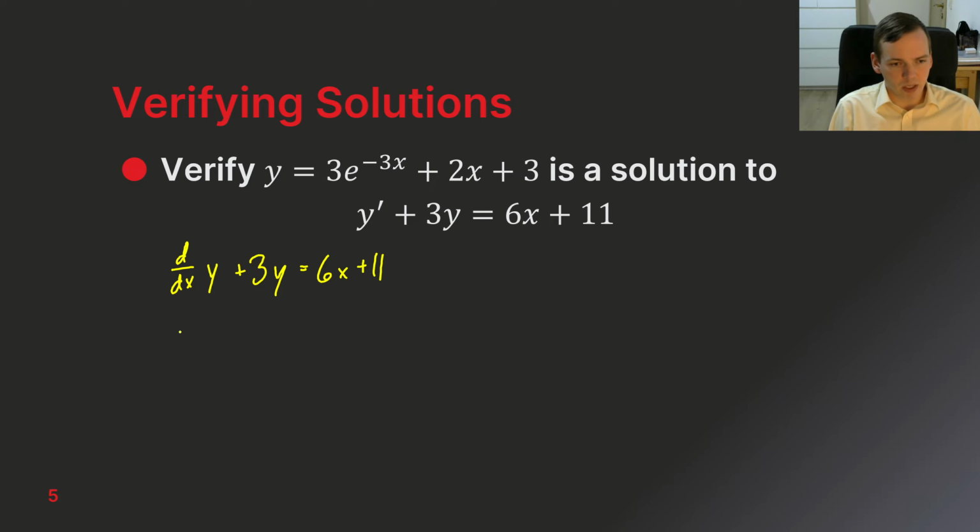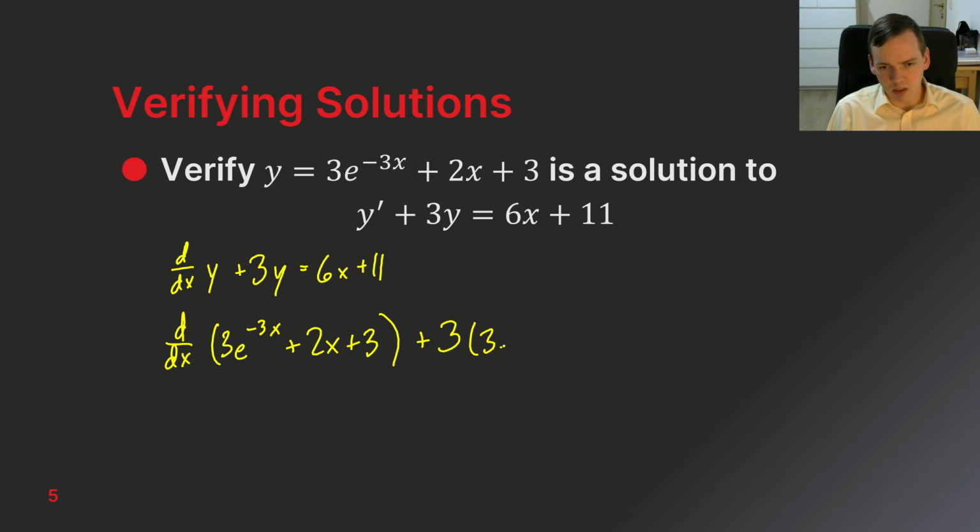So I'm just going to plug in my equation. So d by dx of 3e to the negative 3x plus 2x plus 3, plus 3 times 3e to the negative 3x plus 2x plus 3 equals 6x plus 11.